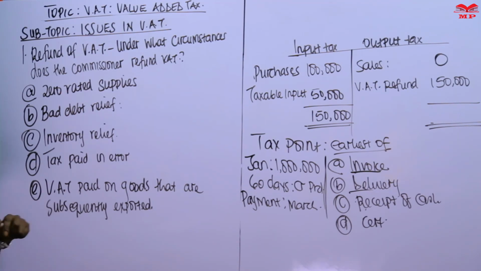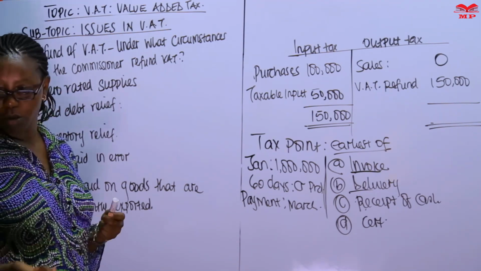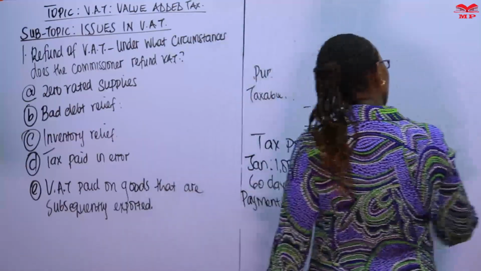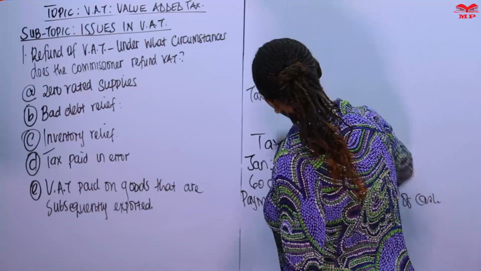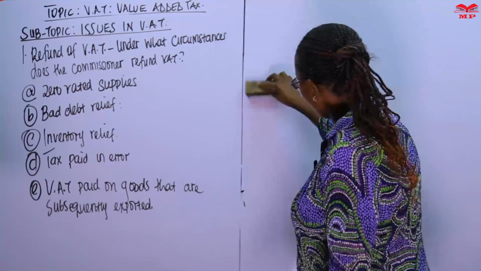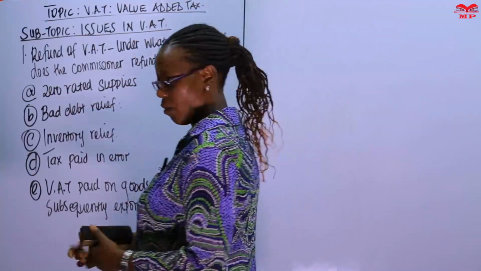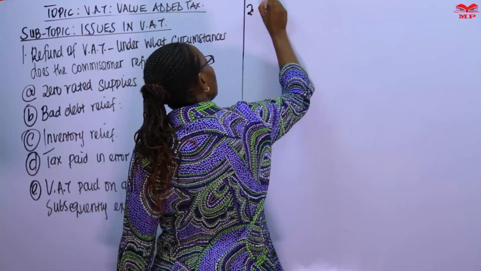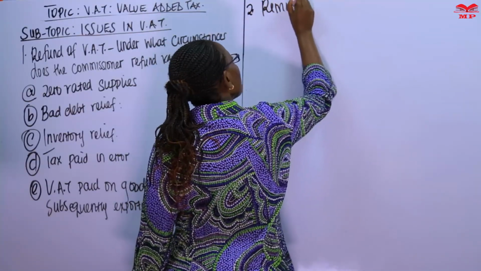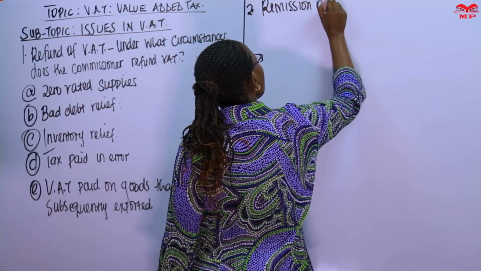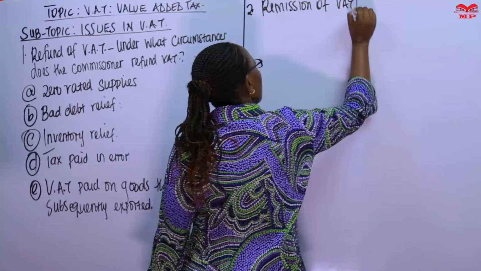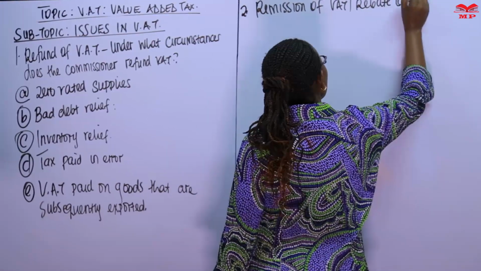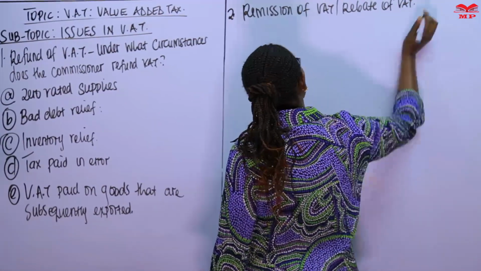The other issue that you're going to look at is remission of VAT. Issue number 2. In some cases, it's also called rebate of VAT or VAT rebate.